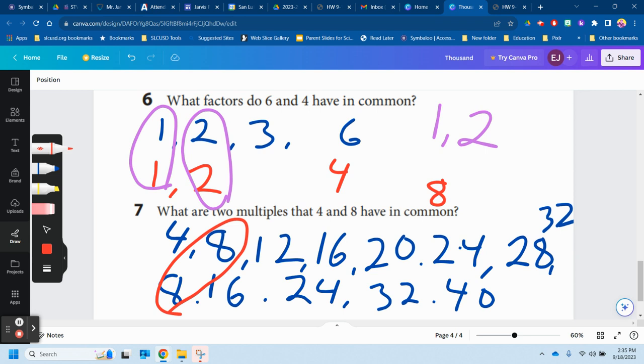The next one would be 24. But they also have several more. So they have the 24, they also have the 32, and they also have 40, because we'll eventually get to 40 when we're counting by 4s here. And with 8, we got 40 here, 8 times 5. So we could say 40 as well.